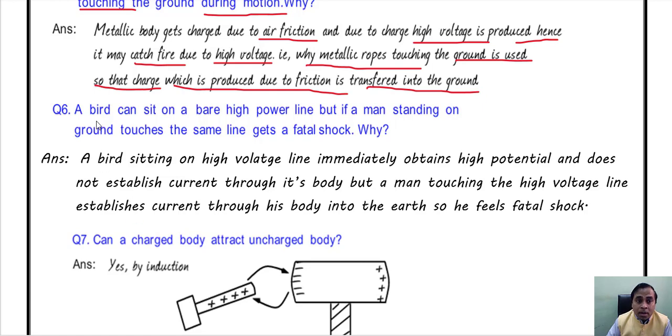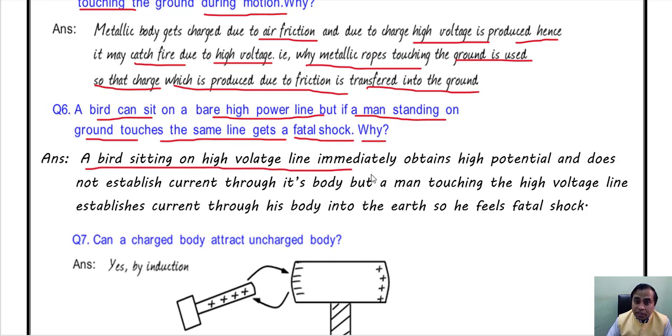Now next one. A bird can sit on the bare high power line, but if a man standing on the ground touches the same line, he gets a fatal shock. Why? So the reason is, if a bird is sitting on a high voltage line, it immediately obtains a high potential. Immediately the potential of the bird's body and the wire becomes equal, and it does not establish any regular rate of flow of charge through its body.